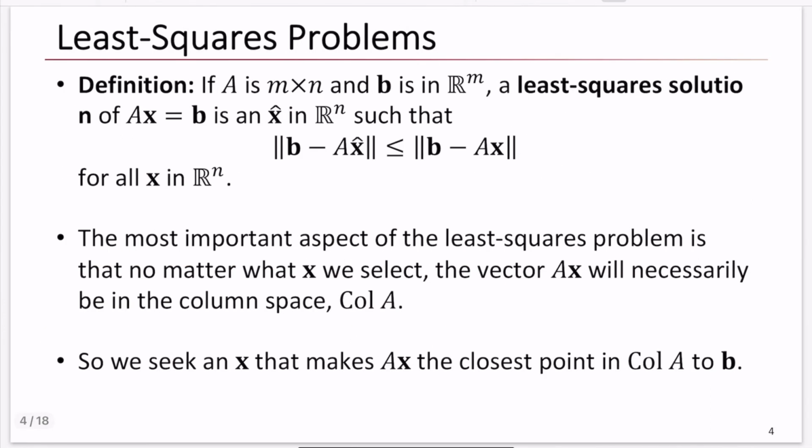Okay, let me start with the definition. This definition is almost similar to our best approximation theorem in previous lectures. Matrix A is an m by n matrix and b is in R^m space. The least squares solution of Ax equals b is an x hat in R^n space such that the length of b minus Ax hat is smaller than or equal to the length of b minus Ax for any vector x in R^n space.